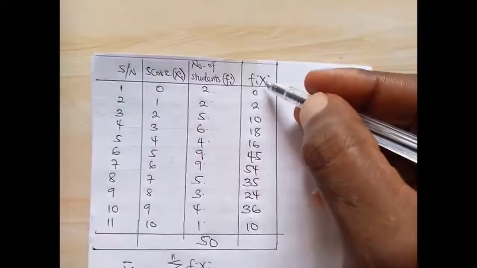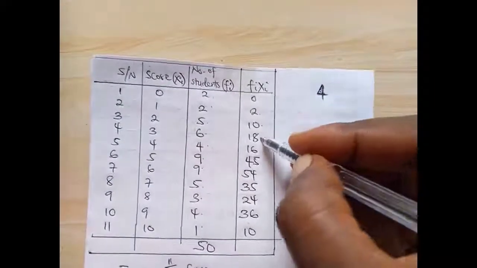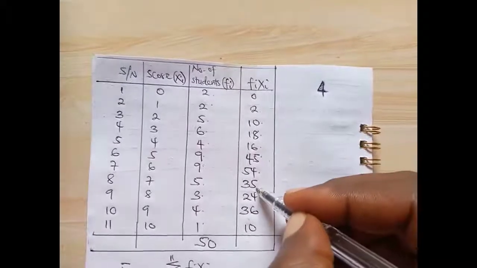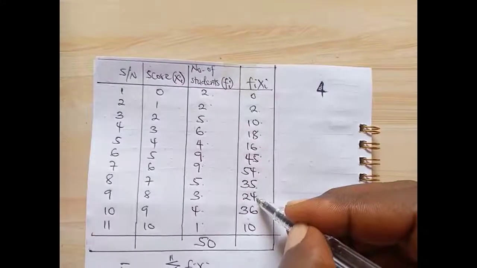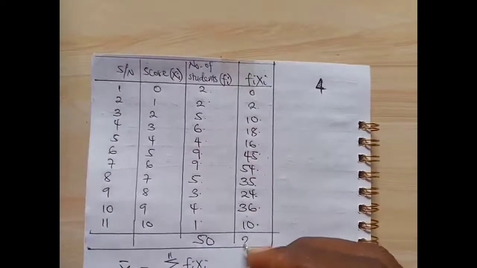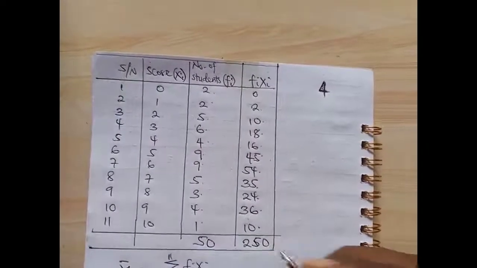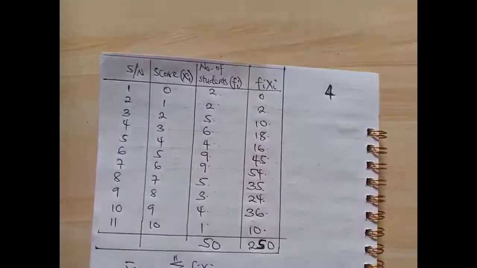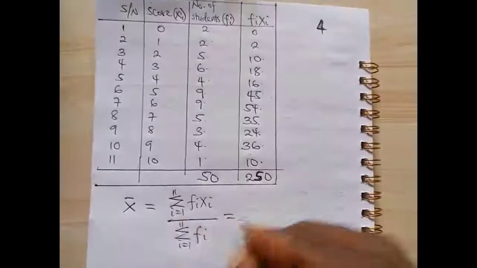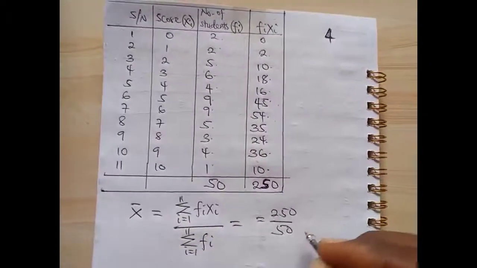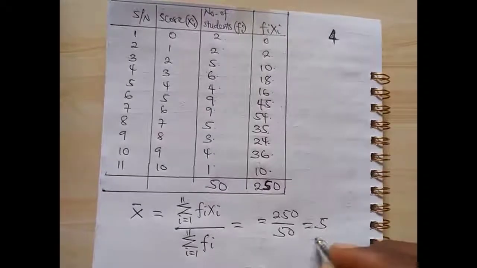If we add up the whole of this, we're going to get 250. So this becomes 250 over 50, which gives us 5.